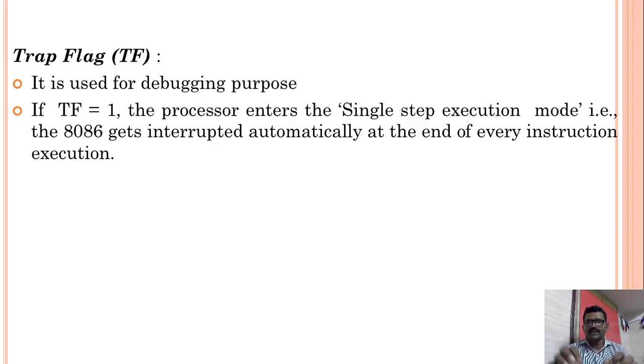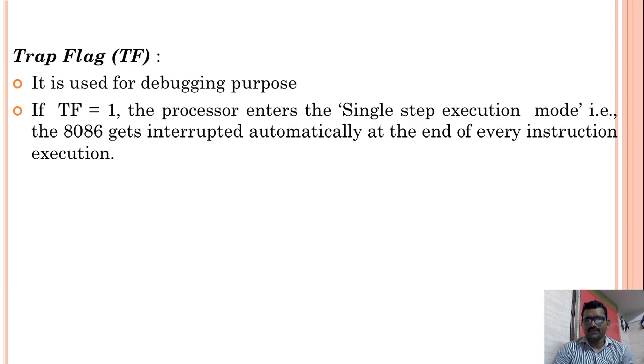If we give input, it will execute another instruction, and it will wait, and it will show the results or status of the registers and memory contents. After execution of every instruction, it will show the contents of the registers and the memory, right? That's why it is called single step mode, executing only one instruction.